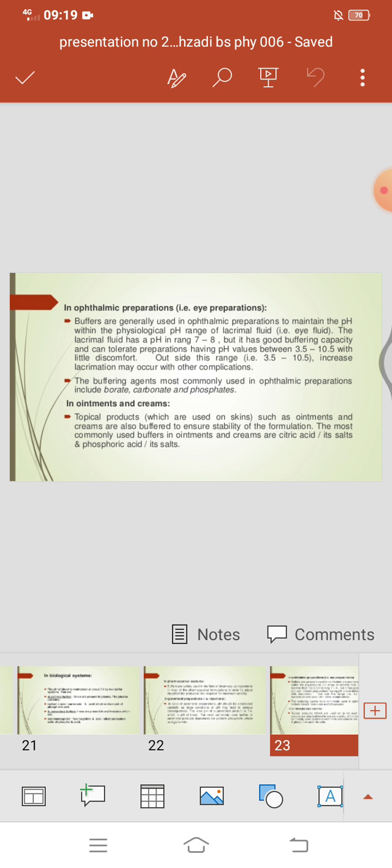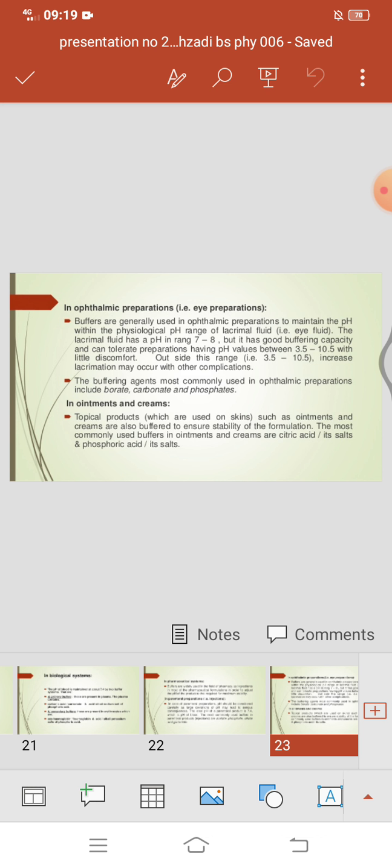Outside this range, increased lacrimation may occur with other complications. The buffering agents most commonly used in ophthalmic preparations include borate, carbonate, and phosphate.